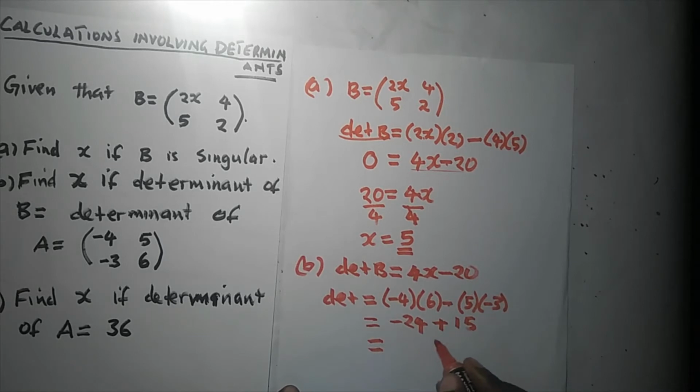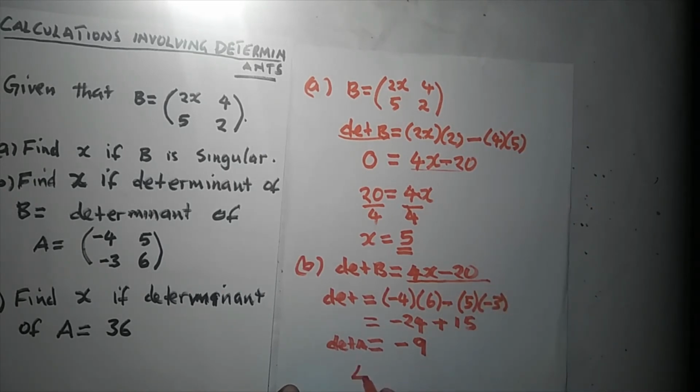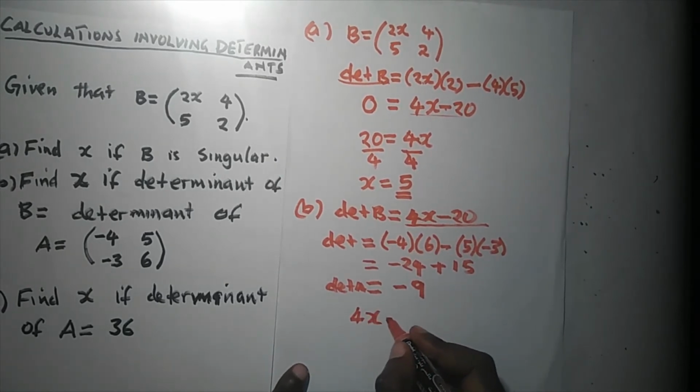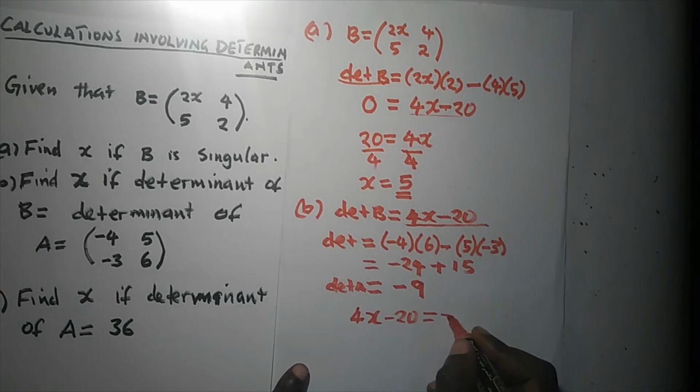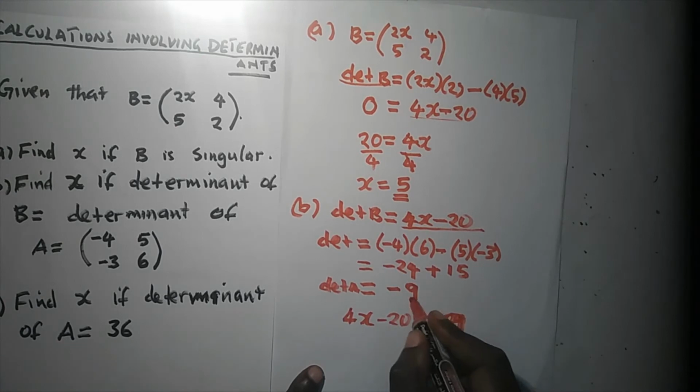So here we are going to have negative 24 plus 15, which will give us negative 9. So the determinant of A is negative 9. Since the determinants have to be equal, we are going to get this expression for the determinant of b, which is 4x minus 20, and this should be equal to negative 9 that we got here.